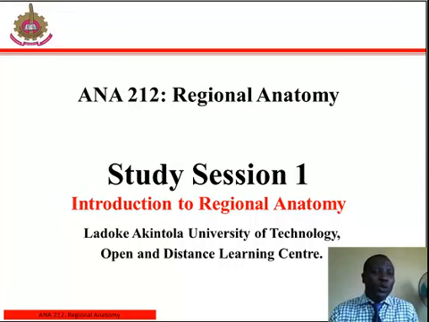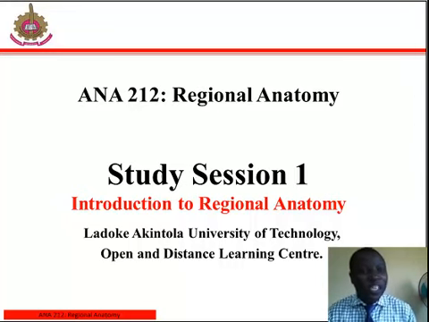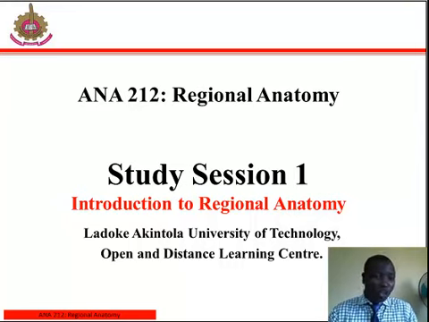You are welcome to ANA 212 Regional Anatomy, Study Section 1, Introduction to Regional Anatomy. Human anatomy is the scientific study of the body structure. The study of the body structure can be generalized into two major approaches, which are regional and systemic.